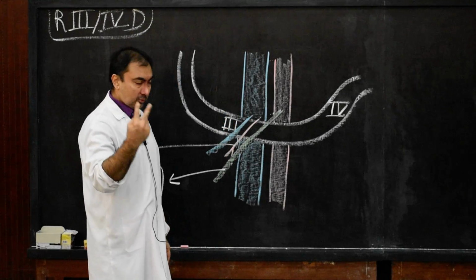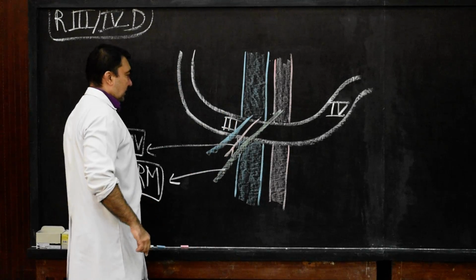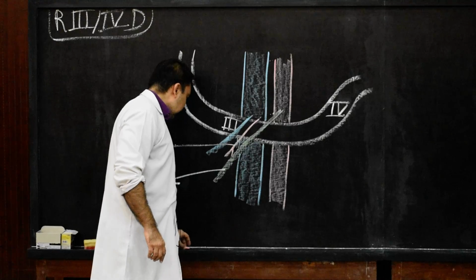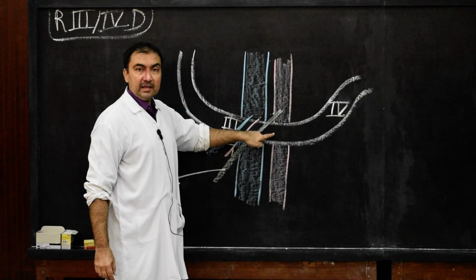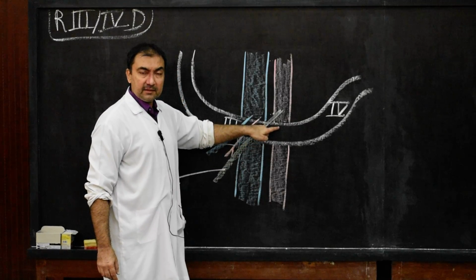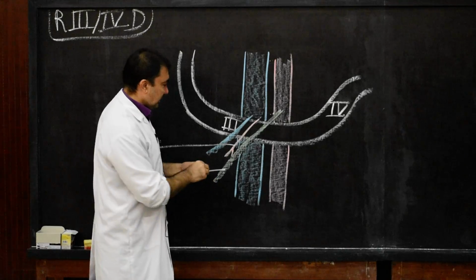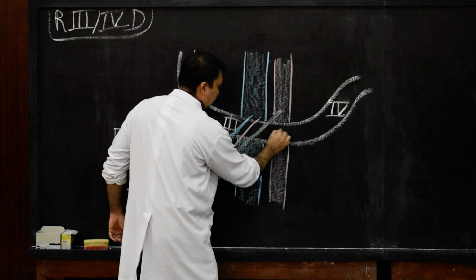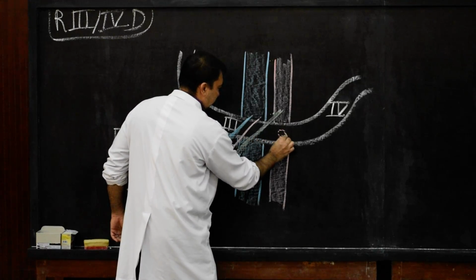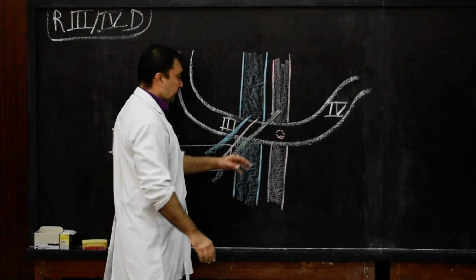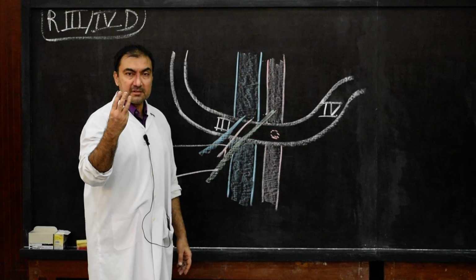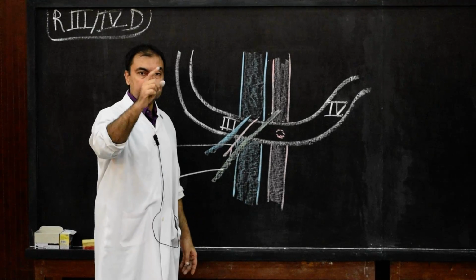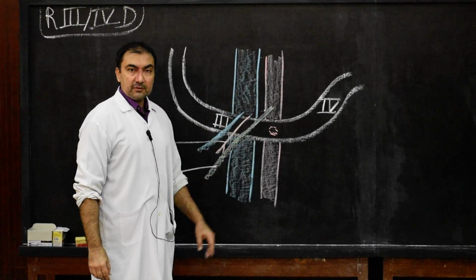So two structures are over, and along with the aorta, at what level? L3, and at that level there will be the origin of the inferior mesenteric artery. I can show in a dotted manner the origin of the inferior mesenteric artery from the aorta. That is the third structure in relation to the posterior surface of the third part of the duodenum.